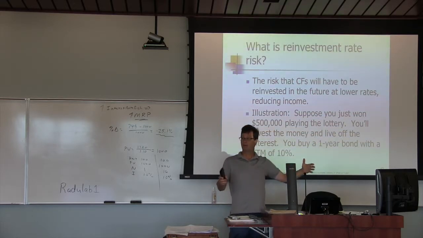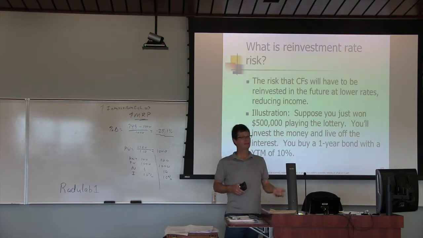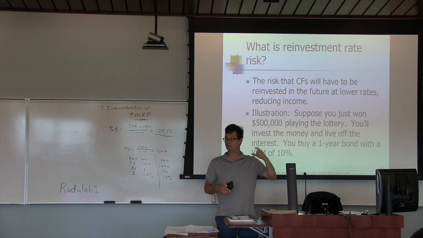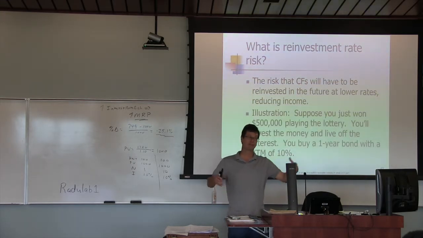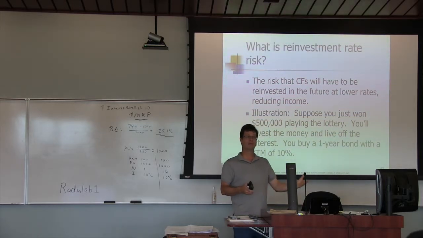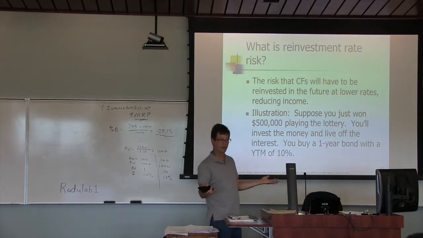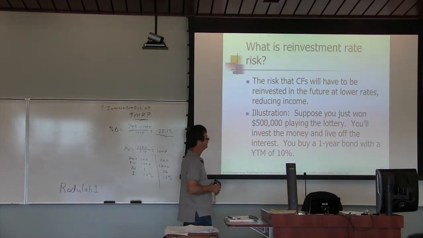However, with a short-term or 1-year bond, you invest at 10%, interest rates go down to 8%, you have to reinvest at 8%, they go down the next year, you do another 1 year, it's down to 7%. You're getting lower and lower returns on what was an otherwise lower risk investment, right? Shorter term would have lower risk otherwise, except for the reinvestment rate risk.